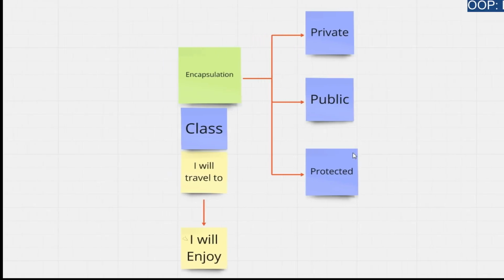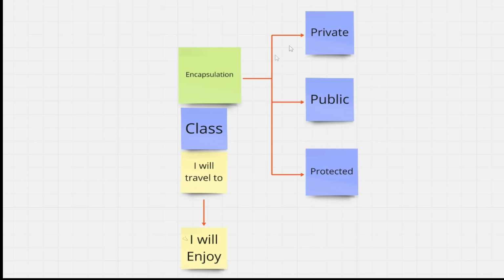Encapsulation. This concept refers to the possibility of hiding part of the class, which can be a variable, function, method, or some commands, so that it is not inherited by the child class from the parent. So in the class, I can define a variable or method as private, public, or protected.